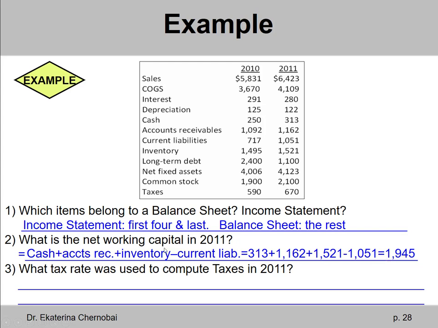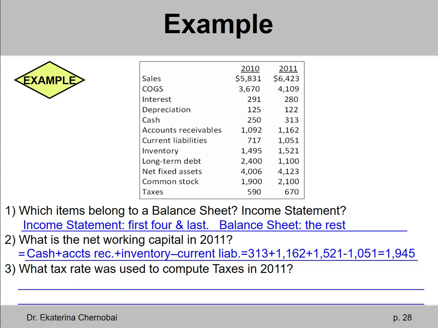And the difference gives us the net working capital equal to $1,945. The fact that it's positive tells us that we have enough cash or things that could be quickly and easily converted into cash during the year 2011 in order to meet our short-term obligations, such as paying back short-term loans or money to suppliers.